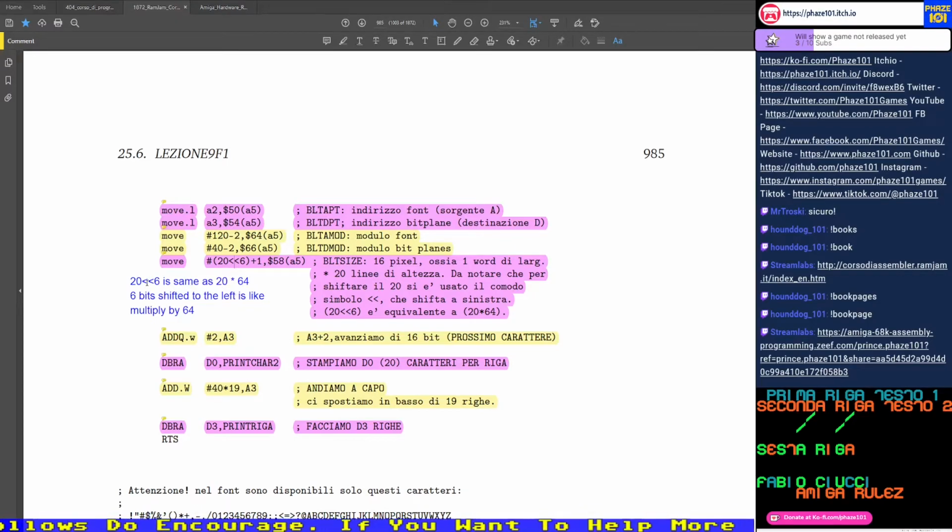I avoid this as much as possible, but sometimes I cannot, so it depends. The reason I avoid it is that when you look at the code, the multiplication is much more visible to me in what it's doing. However, sometimes the shifting makes more sense. In this case, I prefer 20 times 64 because I know the 64 is fixed and I know that the 20 is the height.